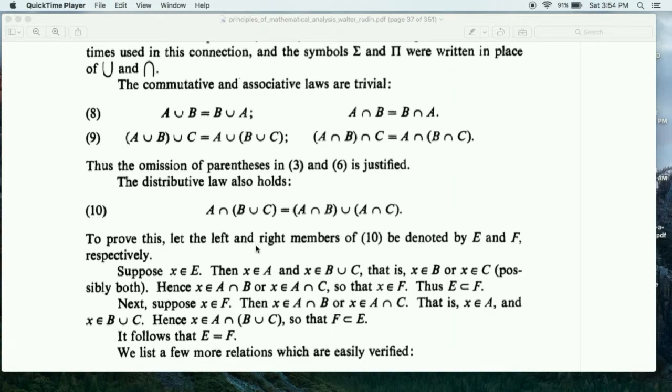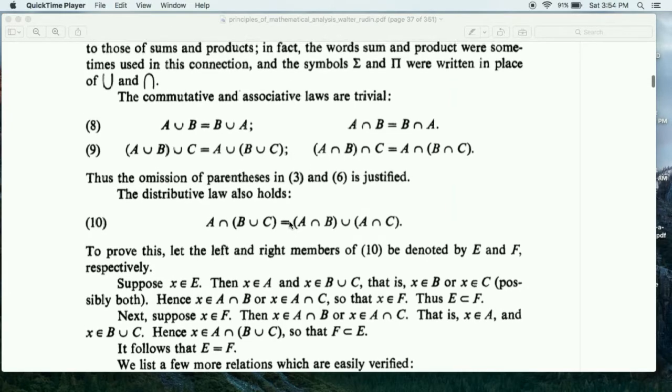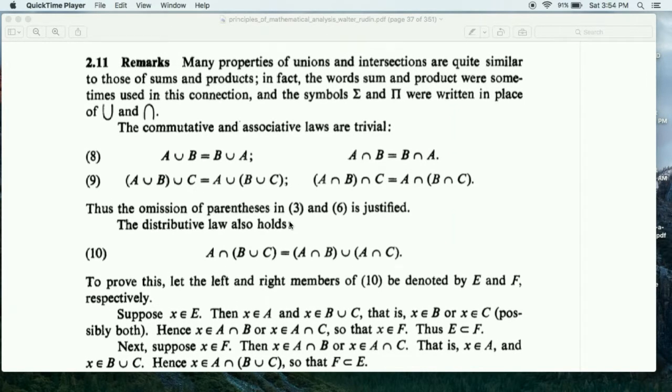So, one way to prove identities in set theory is by using the property called the axiom of extensionality, which says that two sets are equal if and only if they have the same elements.